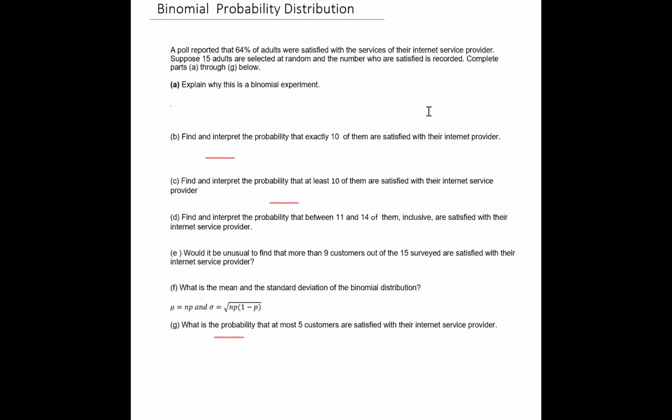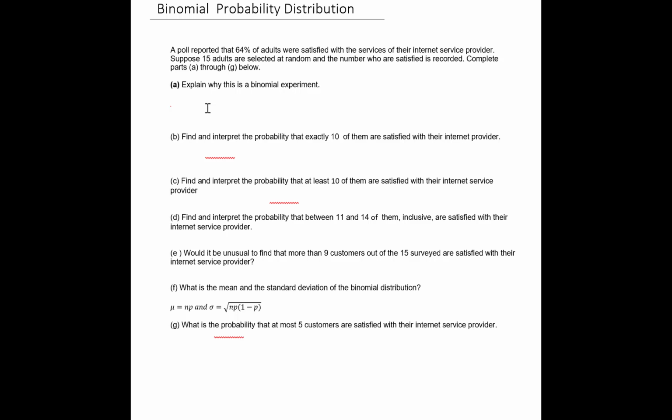Second, there should be only two outcomes. So when you survey the customer, he or she is going to say either they are satisfied or not satisfied with the service. So there is a probability of success and probability of failure, only two outcomes. You either answer, yes, I am satisfied, or no, I'm not satisfied, which is the case here. And the third condition is that the probability of success does not change from one customer to another.